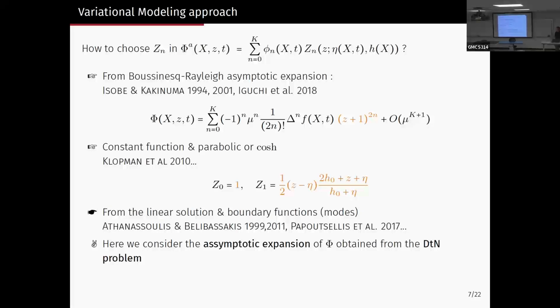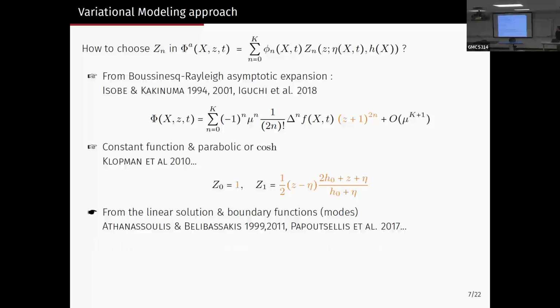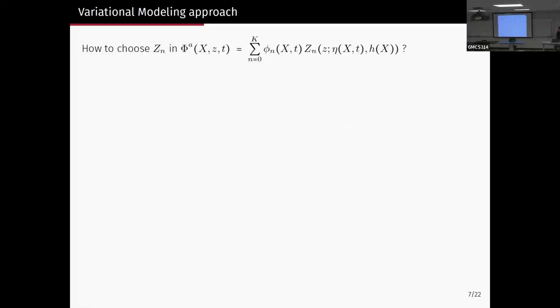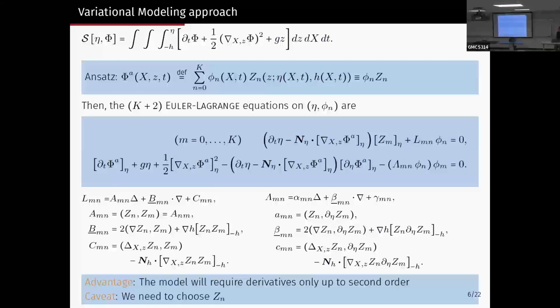You mean in the asymptotic models or the variational models? In the previous slide, when you introduced the whole thing. You define the ansatz, and the K plus 2 equations are this. So if I keep increasing the capital K, we'll get a better and better accurate model. I will tell you.